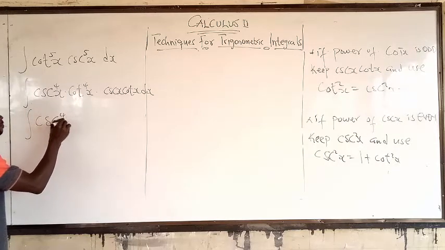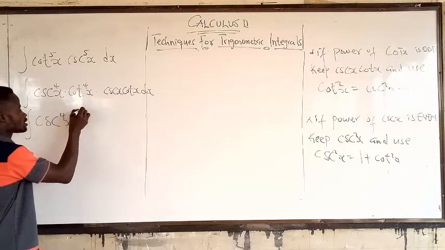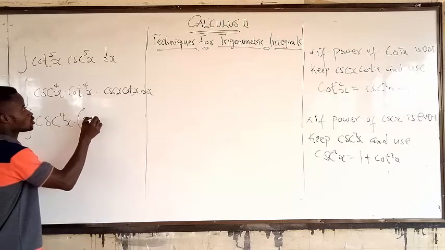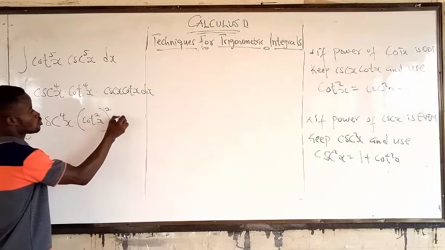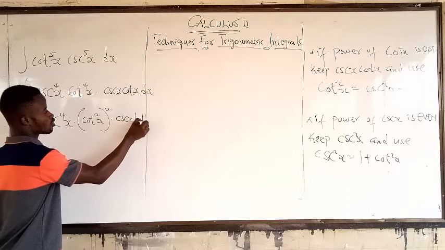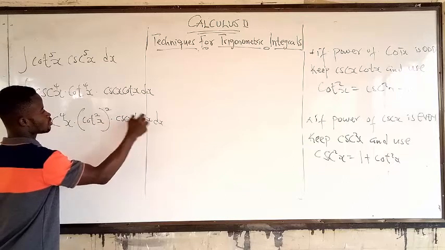Let's repeat this. So this is the same as cosec to the power 4 x, cot squared x to the power 2, cosec x cot x dx.